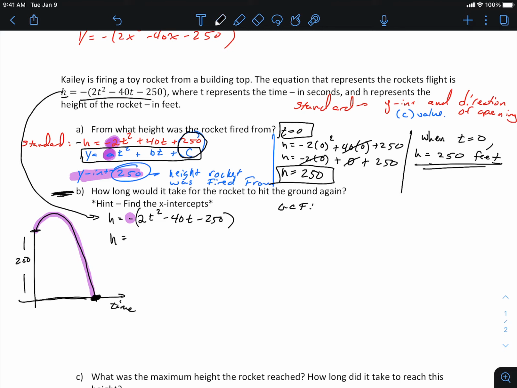So if I remove a 2, you're going to tell me what's left after I divide all of these by 2. Okay, well, you're going to get t squared minus 20t minus 125. You're going to close the bracket. Anybody have any problems with what's gone on there? We found the greatest common factor. We've done this. We've practiced this. Found the greatest common factor of 2.